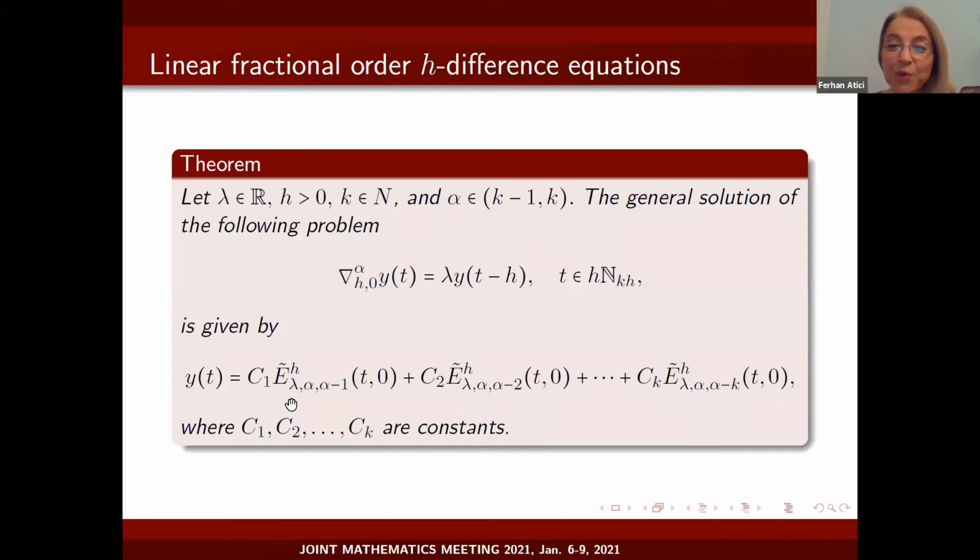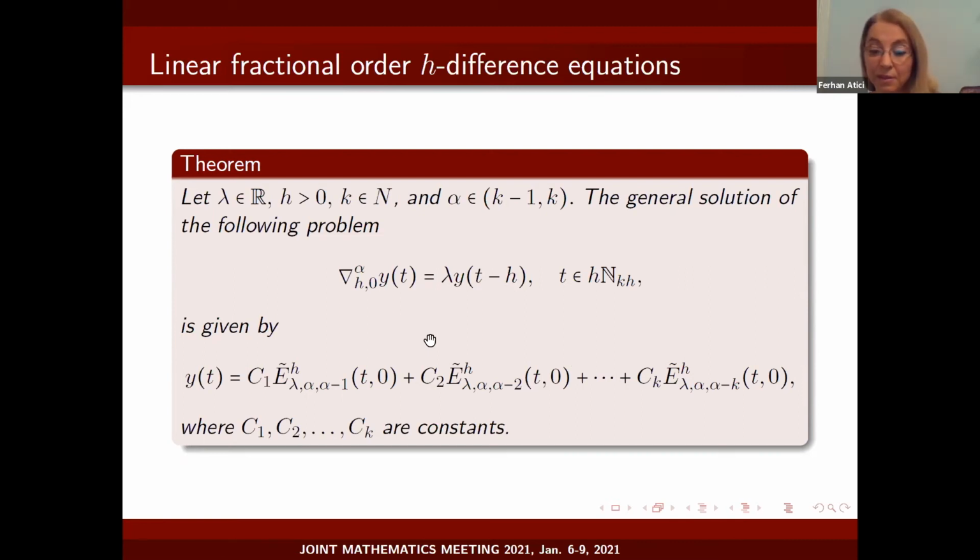And the proof of this, we are not repeating the proof that we have seen, the proof when h equals 1. So what we do is, when h equals 1, this is true, and this was proved before. So we use a relation between the h fractional operator and just the fractional nabla operator.